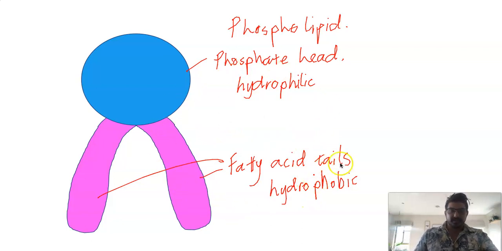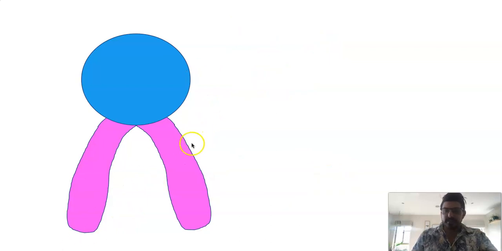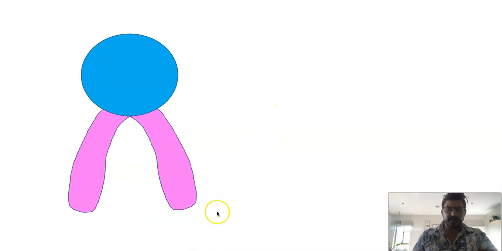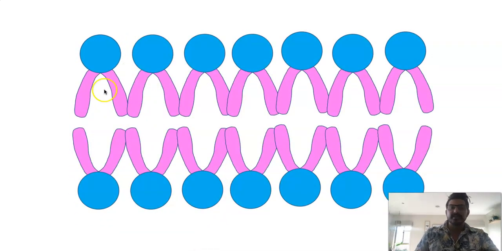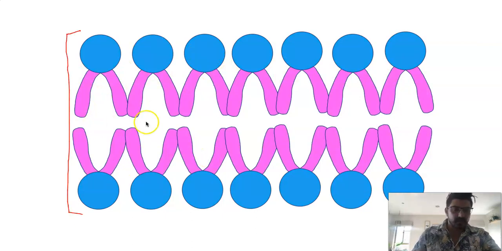This is really, really important for the structure of the plasma membrane, because our plasma membranes don't exist as one singular phospholipid. They exist as many of them in what we call a bilayer. So we end up with this phospholipid bilayer where we end up with two regions.